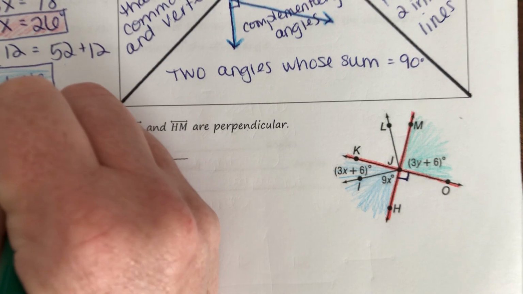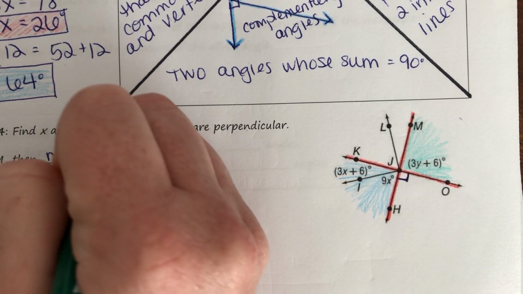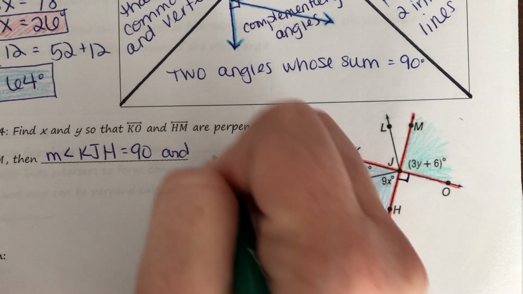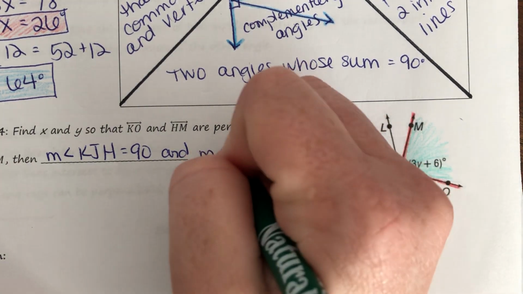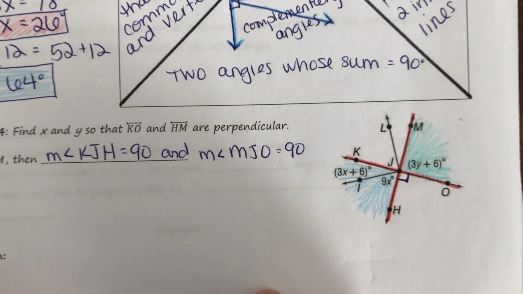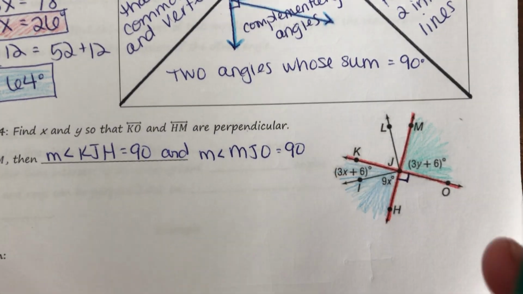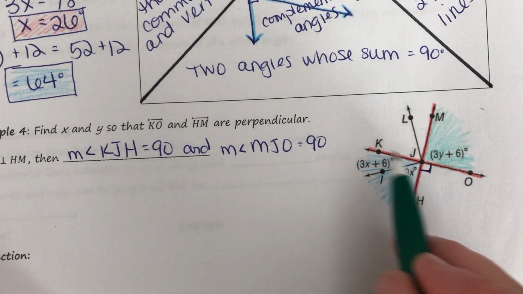Once I know they're both 90 degrees, I can solve for my variable. So I'm going to say the measure of angle KJH equals 90 and the measure of angle, this other guy, MJO equals 90. All right, so once I know that, then I can start setting stuff equal to stuff, right? So first of all, I'm going to solve for x.